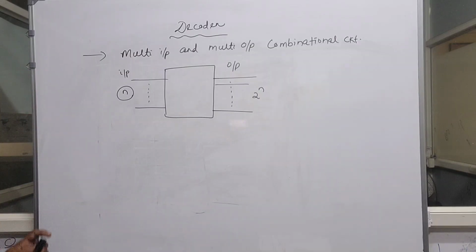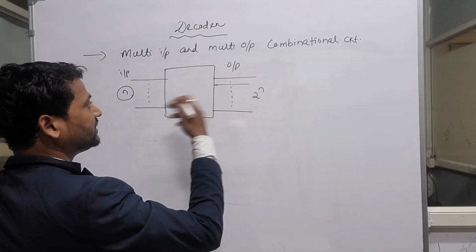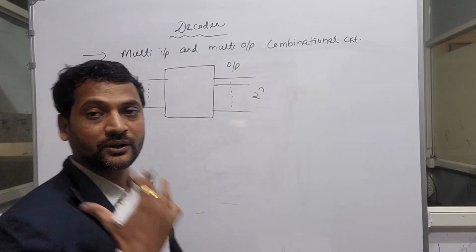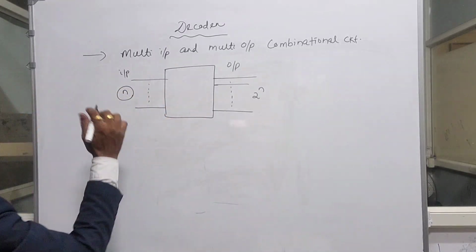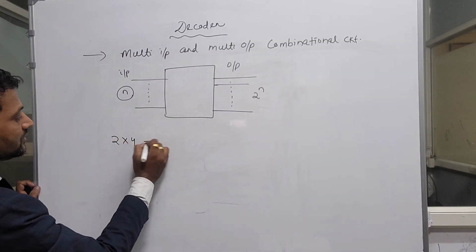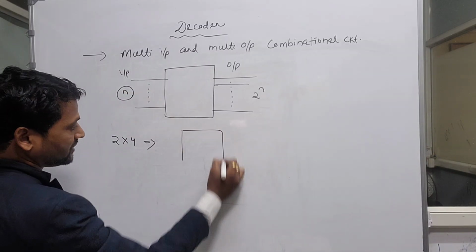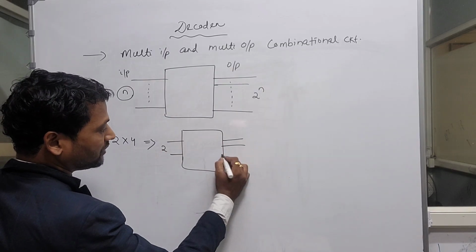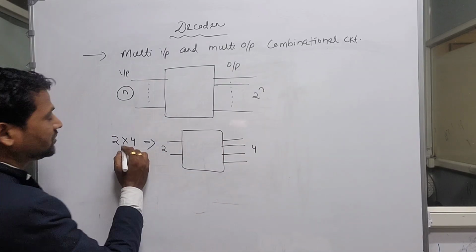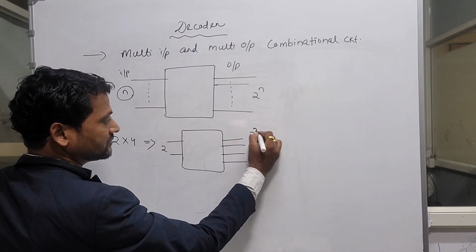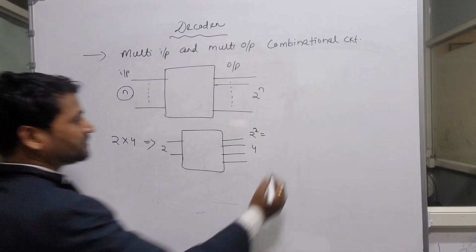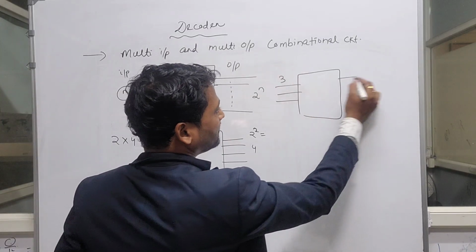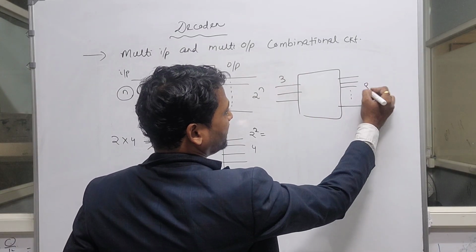So based on that, we can classify decoder in various categories like 2 into 4, 3 into 8, 4 into 16 decoder. If it is 2 into 4 decoder, there are 2 line in input and output has 4 line. 2 to the power n, matlab 2 to the power 2 is 4. Similarly, if input has 3 line, then output has 8 number of line.